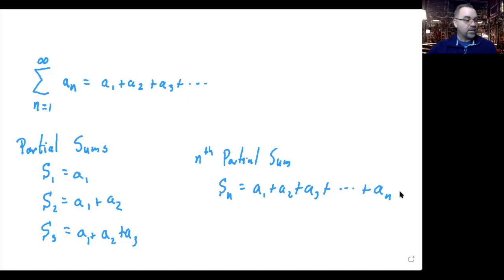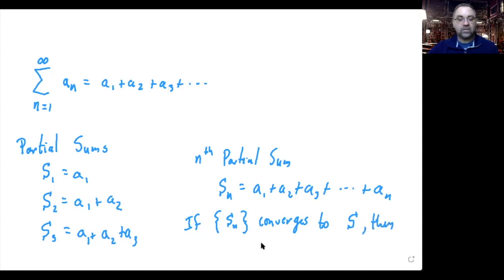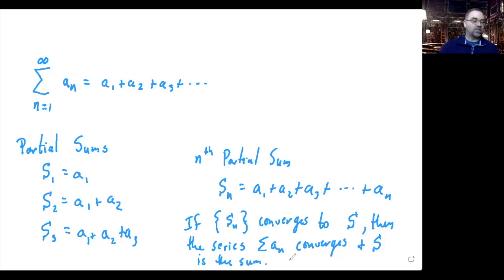And more importantly, if the sequence S sub n converges to something we just call capital S, then the series converges. Okay, and S is the sum. So there we go.